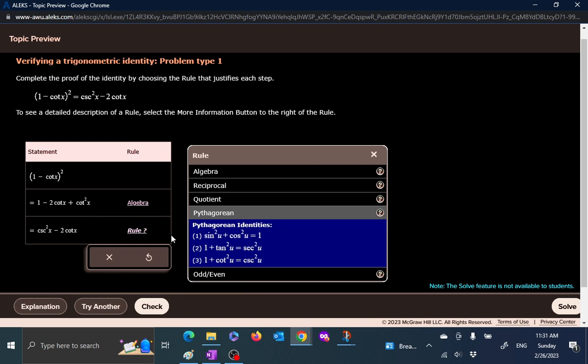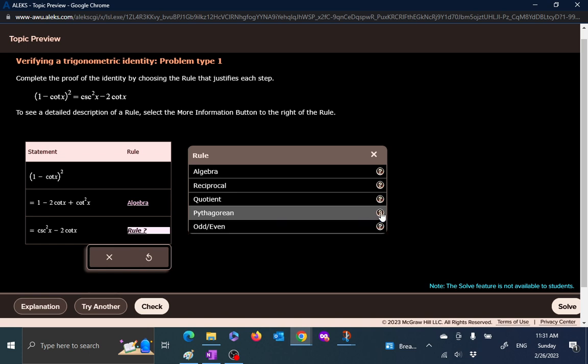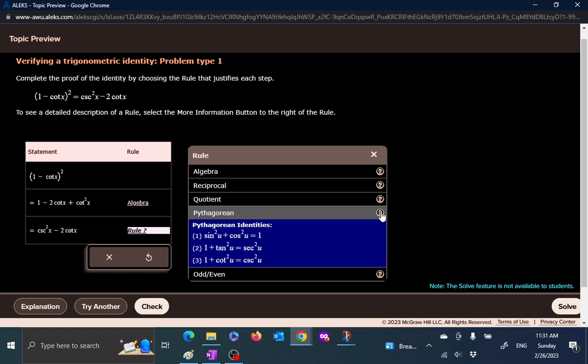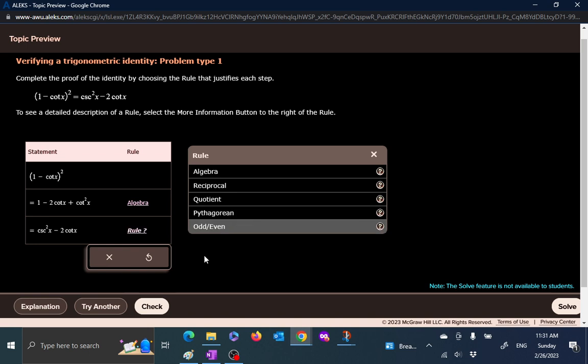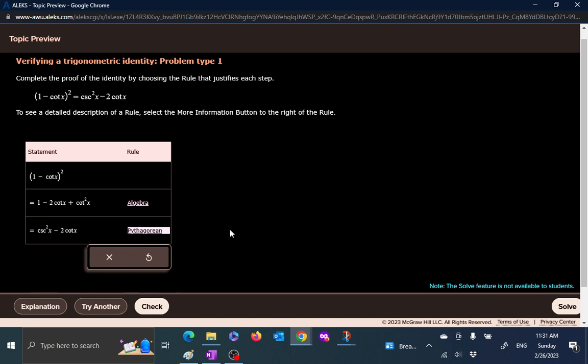So all we have to apply here is to say this is the Pythagorean type. Okay, and then we go to the next one.